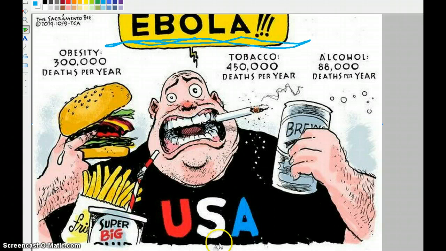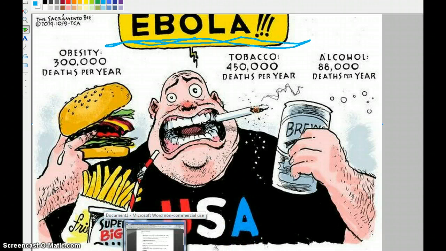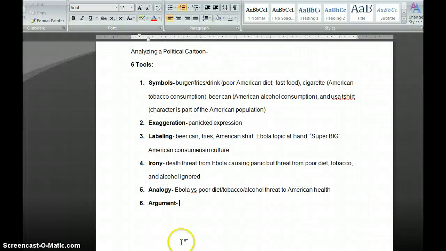So we have now gone through our 6 different tools of analysis for political cartoons, and we have broken it down.